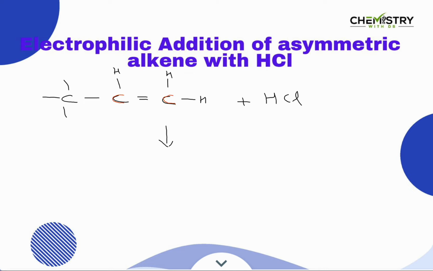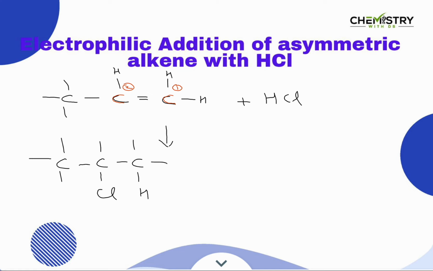However, in the case of asymmetric alkenes, it makes a difference whether this hydrogen goes with this carbon or with this carbon. Let's say I name this one as number 1 and this one as number 2. If the hydrogen goes with number 1, then the product is going to have a Cl over here.